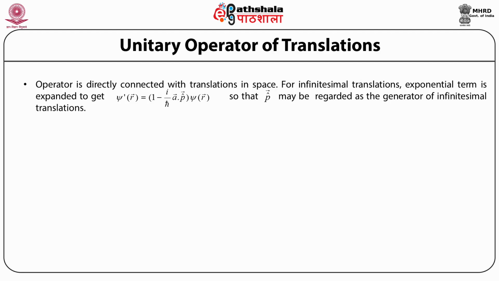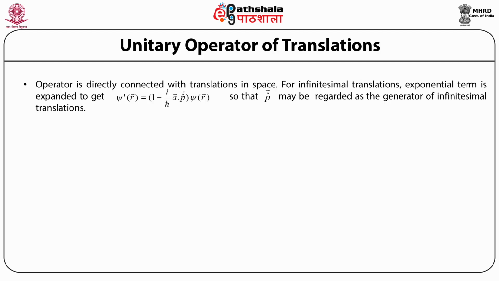Thus, if we have an infinitesimal translation, the exponential term is expanded to get psi prime of r equal to 1 minus i by h cross times vector a dot momentum operator p, this whole times psi of r. So basically we have expanded the exponential function and only retained the first two terms in that expansion.